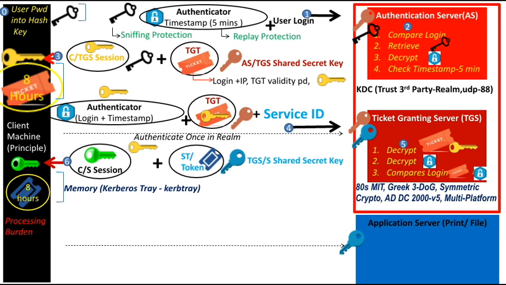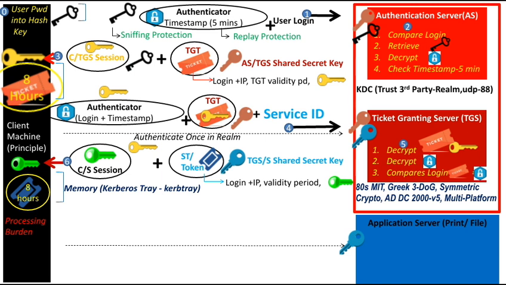The second piece of information is the service ticket, or we can call it a token as well. This token is encrypted by using the shared secret key, which is shared between the ticket granting server and the application server. This key is not known to the client, but only known to the ticket granting server and the application server.